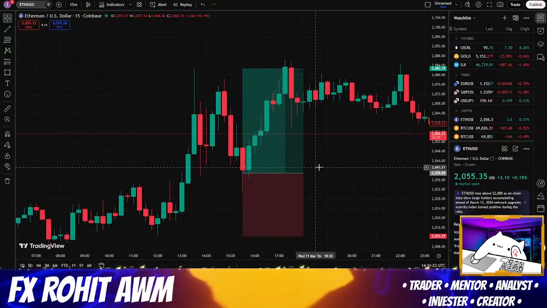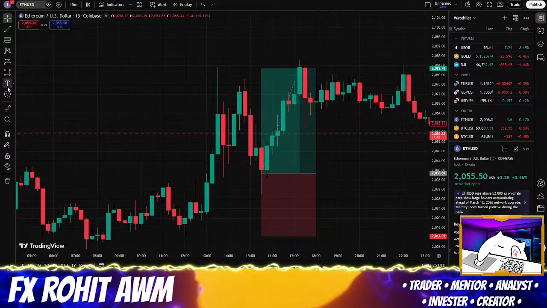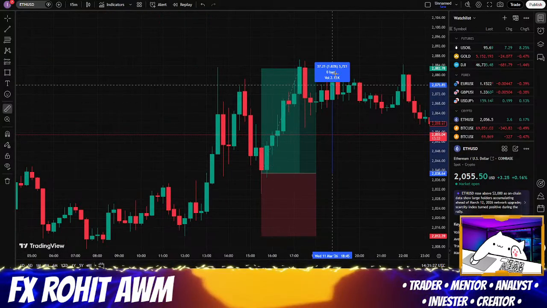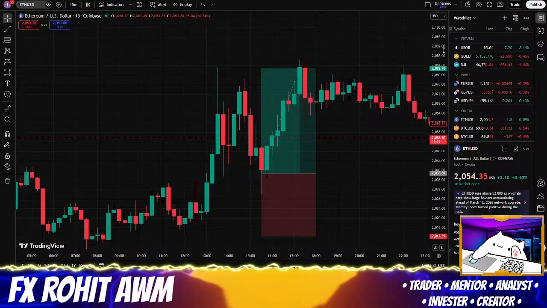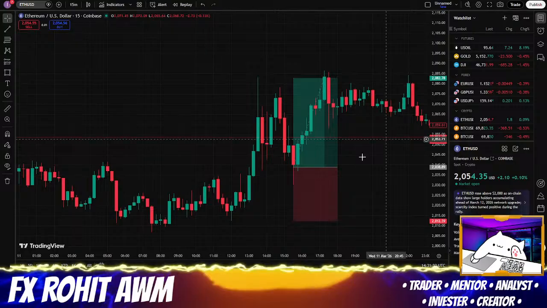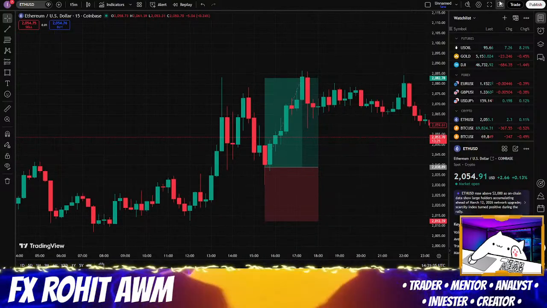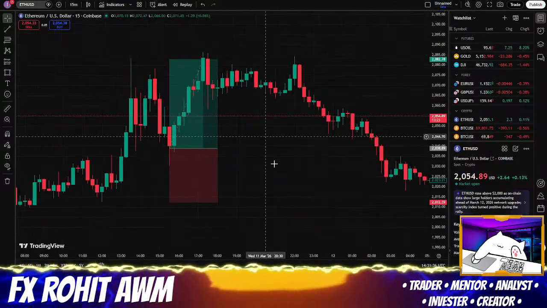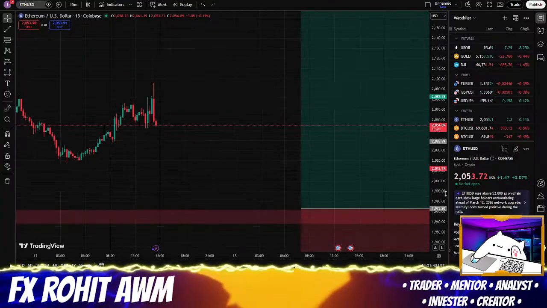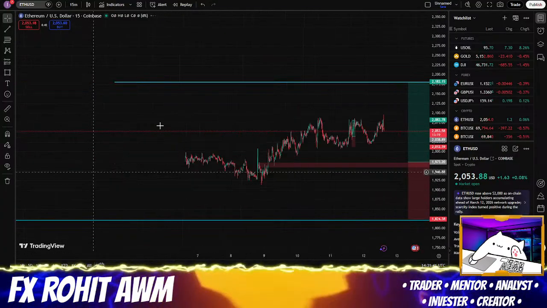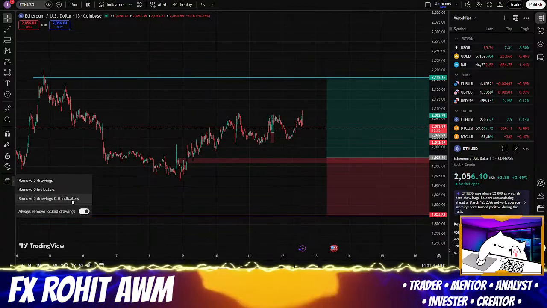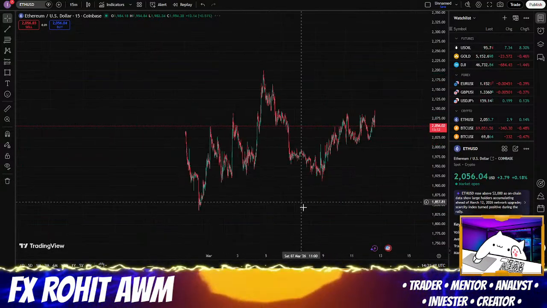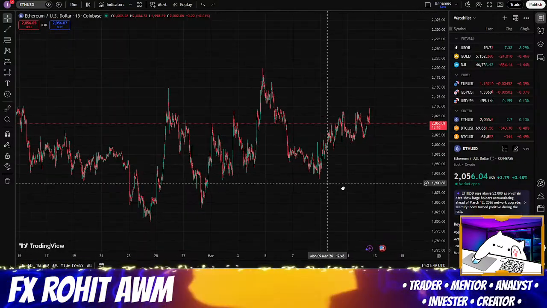So no drawdown in Ethereum, guys. If you check, 50 points in Ethereum, so this is a very good trade. I take the snapshot, and remove all the things to check the market correctly.